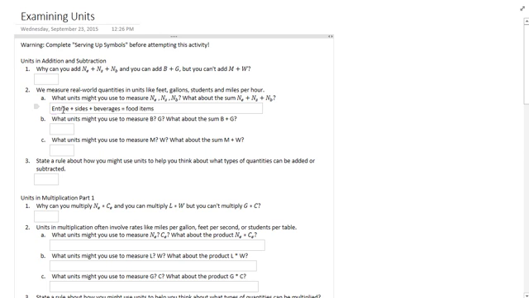Now, they're not all exactly the same. An entree is not the same thing as a side dish, which is not the same thing as a beverage. But when we add them all up, we can think about it as, well, we're just counting food. We're not really particular about the kind of food, but we're just counting food items. And we can make that work.